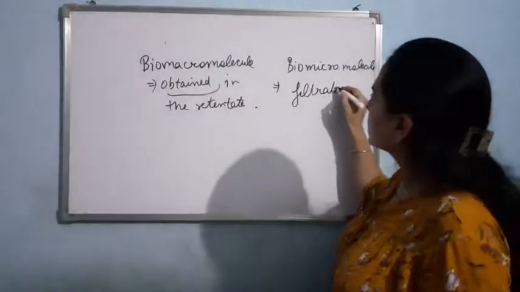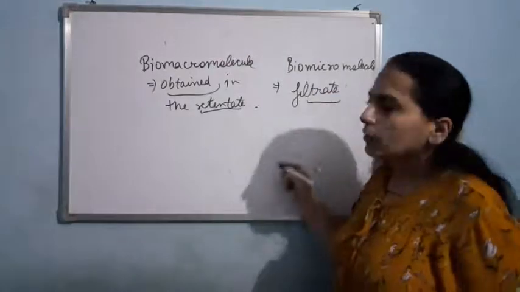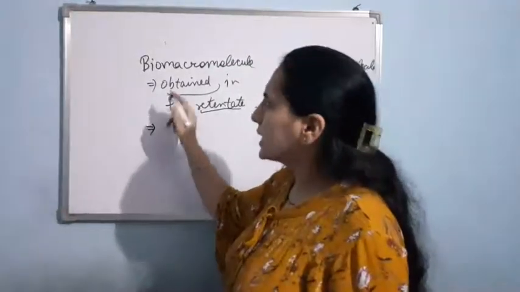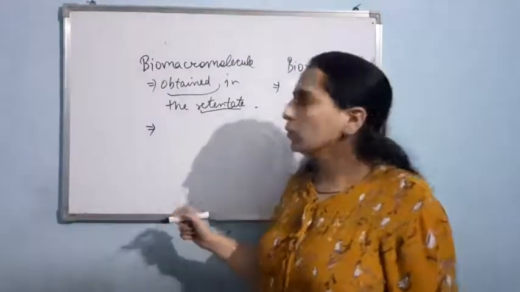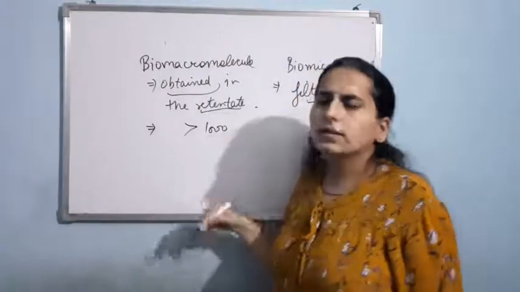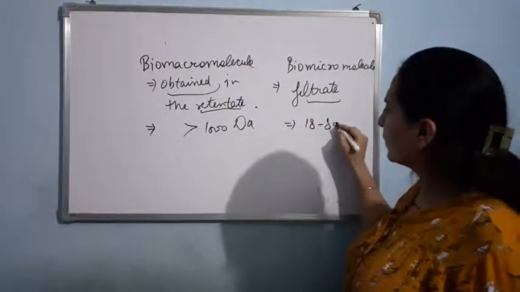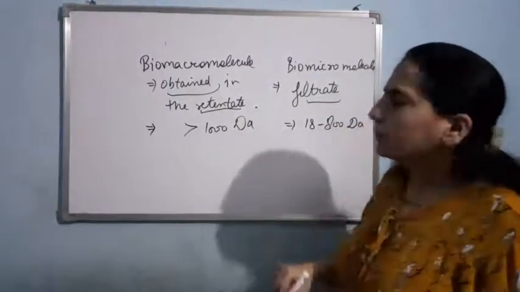Or I can use the acid insoluble pool and acid soluble pool. Clear? And the size of the biomacromolecule, as you know, is greater than 1000, even 10,000, and the biomicromolecule is between 18 to 800 Dalton. Am I clear with this?